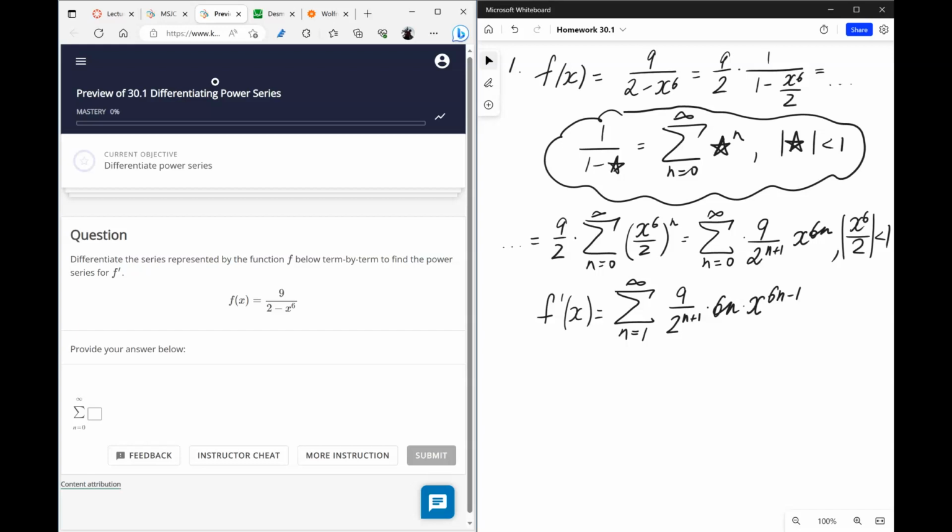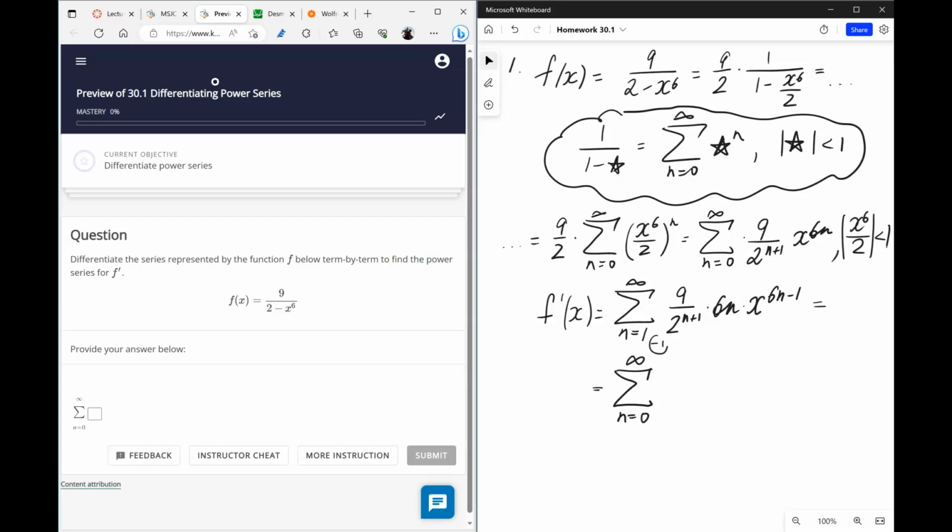And now that we have done that, we have to rewrite it with n equals 0, and it's a common step, it's called reindexing.